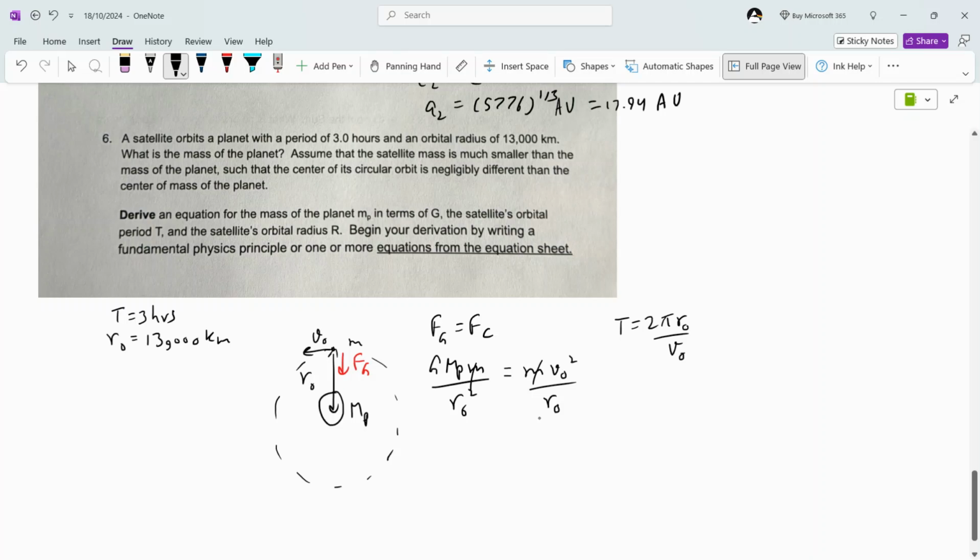I'm getting v0 square into r0. So if I can just do v0 by r0 square, and I know what is r0. Great. So what I can do is G M planet upon r0 cube is equal to v0 square by r0 square.